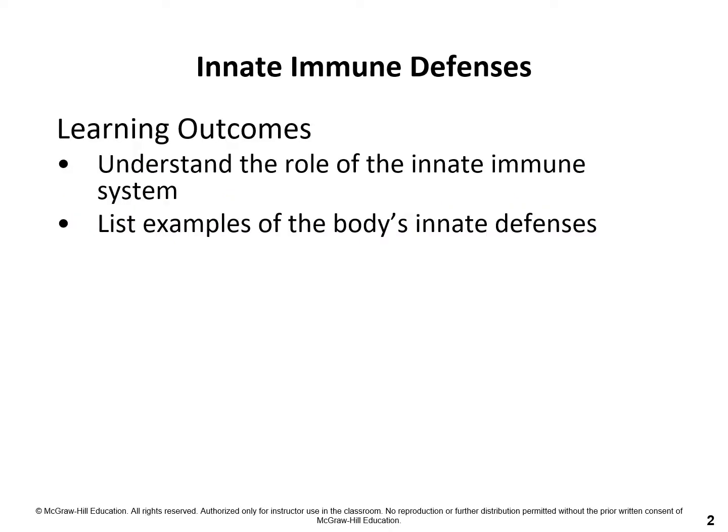The learning outcomes for this portion of the lecture are to be able to understand the role of the innate immune system, as well as list examples of the body's innate defenses.